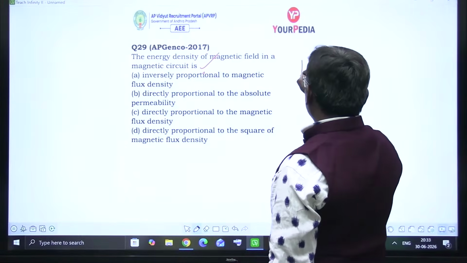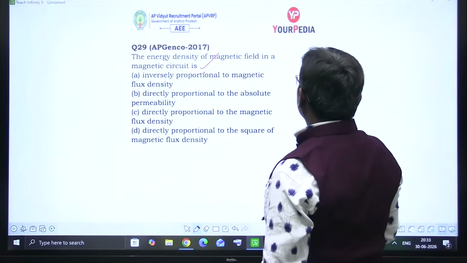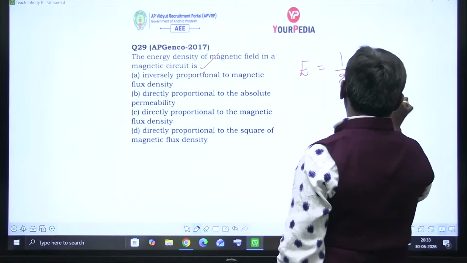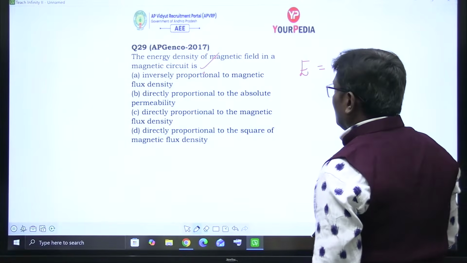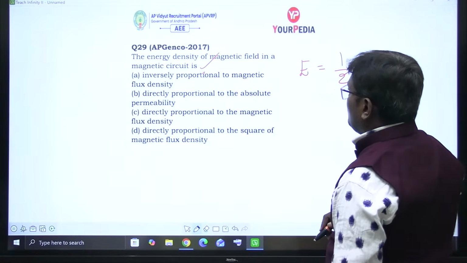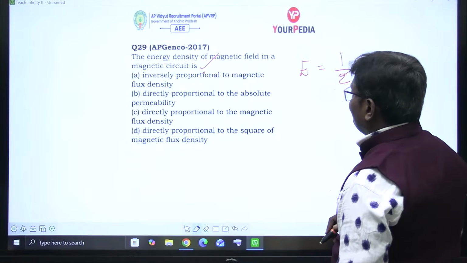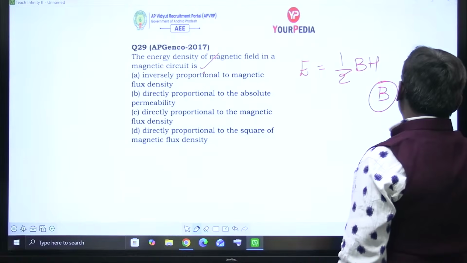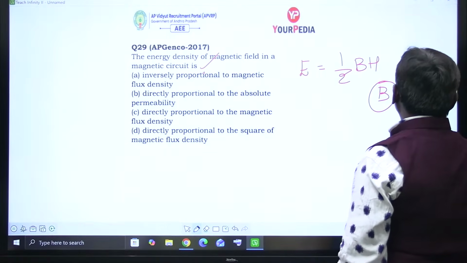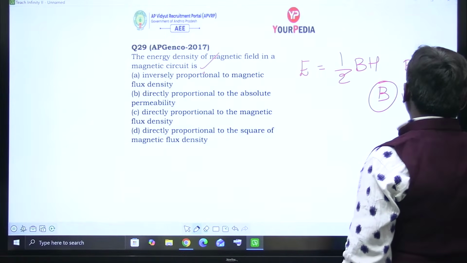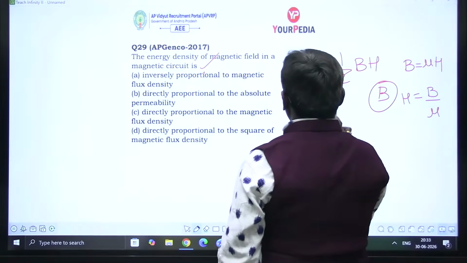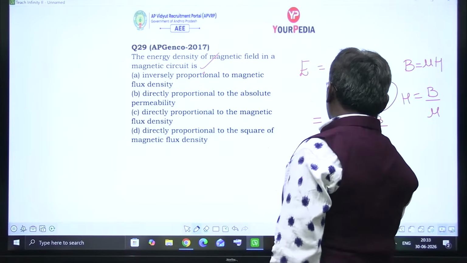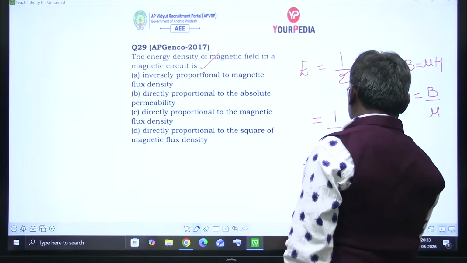Okay, direct. Energy density is equal to half into BH. You know that B is equal to mu H, where H is equal to B by mu. Substitute here: half into B by mu, half B square by mu.